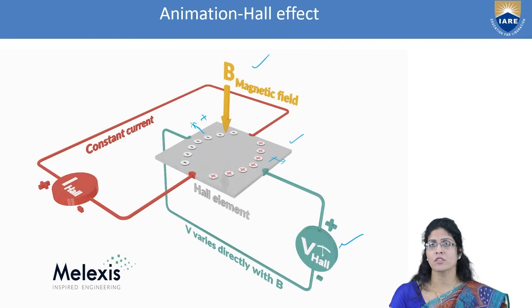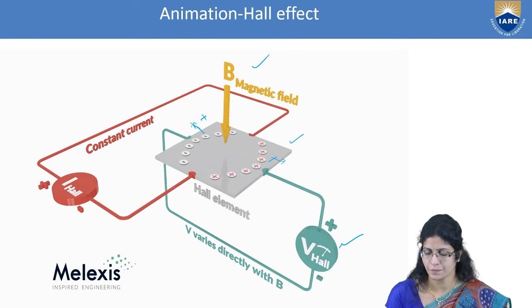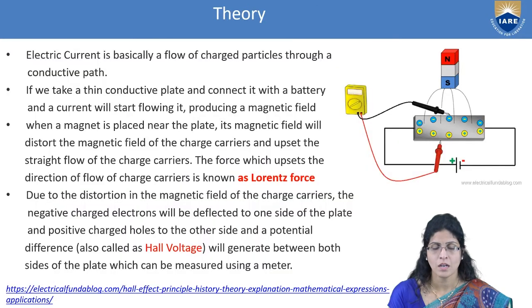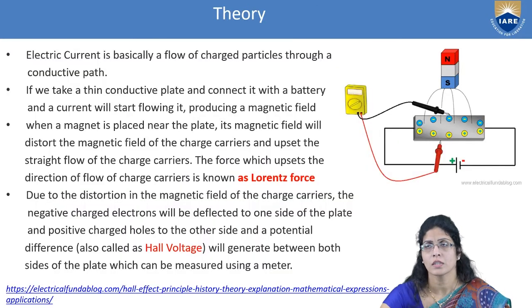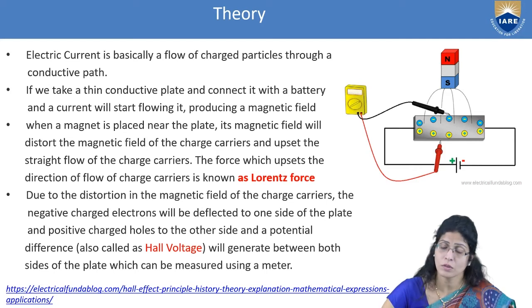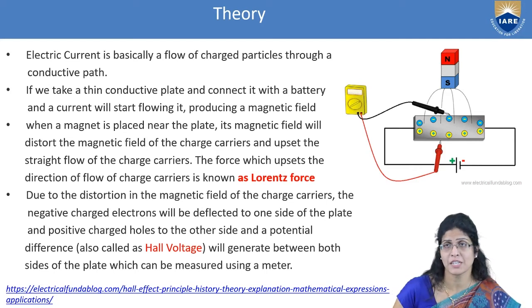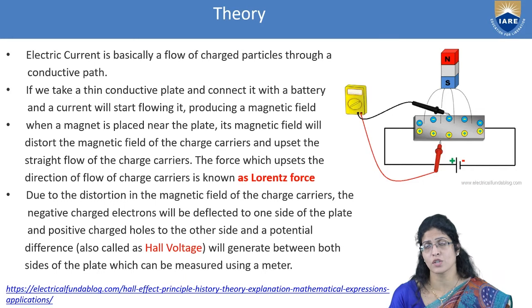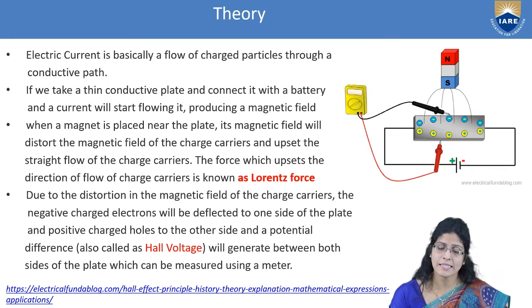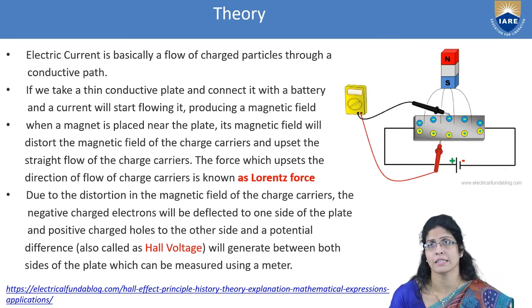This is because of some forces which are acting on the electrons. Let's see how. Before going to this, you have to know the mathematical expressions of the forces which are happening here. You should understand the theory of the Hall effect.